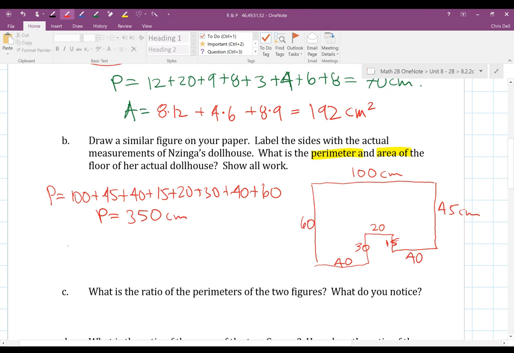That's the actual perimeter. The area, in this case, one more time, we could cut it up as I did before. That from there to there was 6, so it's 30, right? That from there to there is also 30. So my area would be 60 by 40. So I'd go 60 times 40, and then I'm going to add that to the 20 by 30.